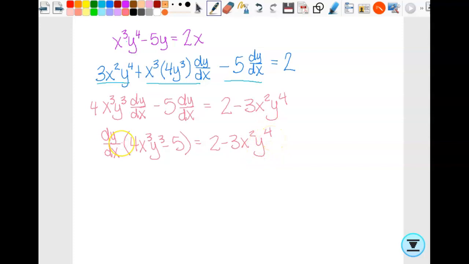Then since this is being multiplied, I can divide, and dy/dx is equal to 2 minus 3x squared y to the 4th, over 4x cubed y cubed minus 5. That's your answer. Okay? What questions you got? Count your terms. Don't forget the dy/dx. You got to recognize chain rule and make sure you actually do it. Okay? We all good on that?